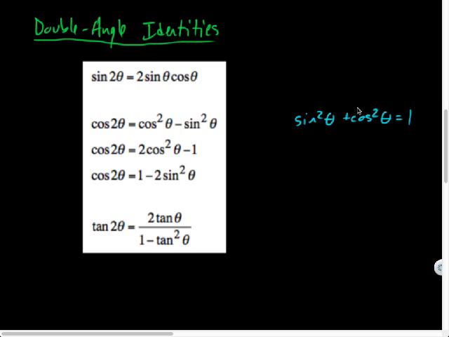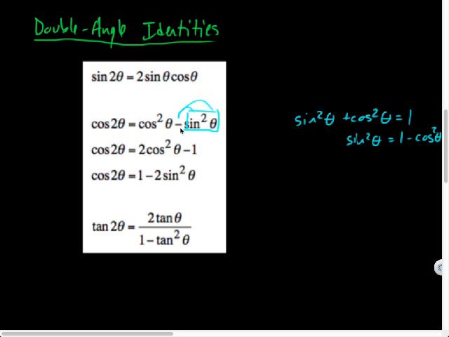If sine squared theta plus cos squared theta is equal to 1, then sine squared theta is equal to 1 minus cos squared theta, right? So you could actually replace this with a 1 minus cos squared theta, and this minus sign would distribute to it, right? And it'd be a minus 1 and a plus cos squared theta, which is where the 2 cos squared theta came from, and the minus 1.